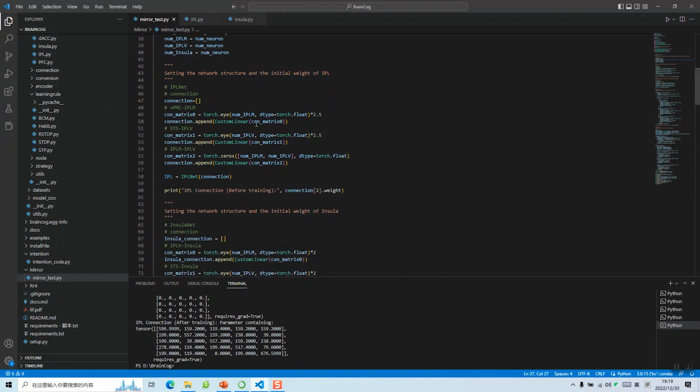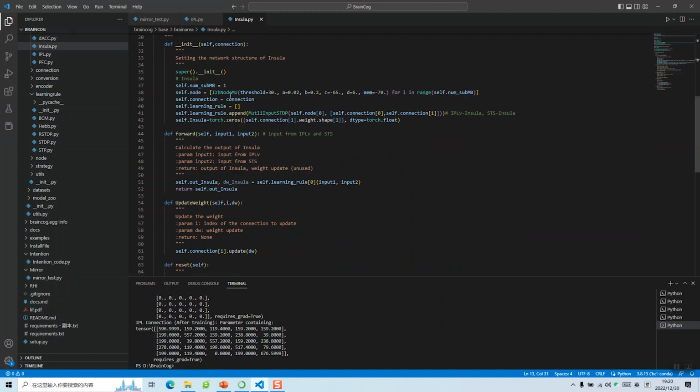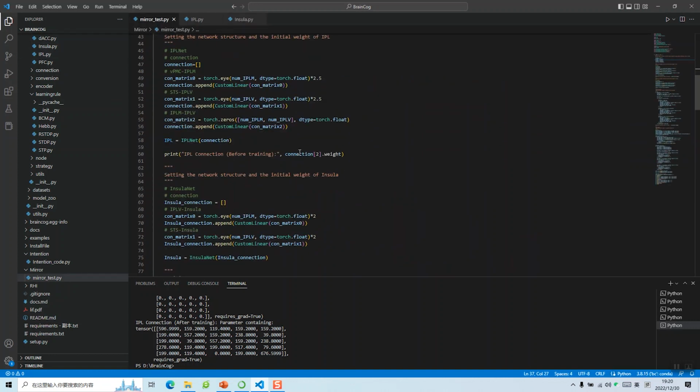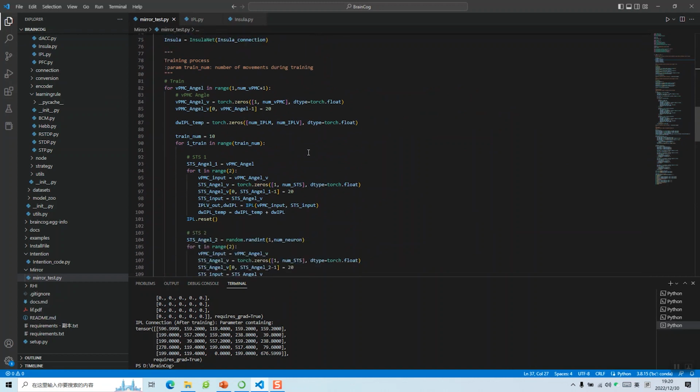Then call the connection base to build the connections between brain areas, and then build the brain areas IPL and insula. IPL-SN is built by executing the neural model in Node, and uses STDP in the learning rule to complete the learning. The same goes for insula-SN. After building the network, it can be trained and tested.